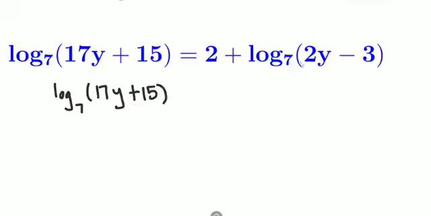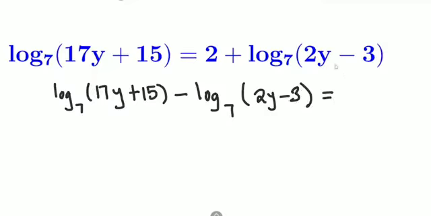Then this log on the right hand side has a plus sign, so once it crosses the equal sign, it is going to have a minus sign. So we write minus log in base 7 of (2y - 3) is equal to. On the right hand side, once we take the log to the left hand side, we are just going to remain with a 2.